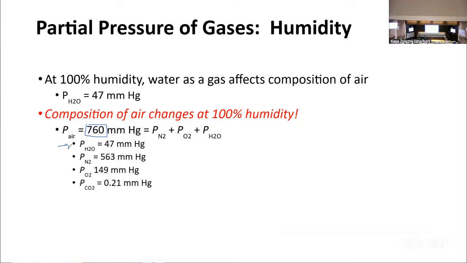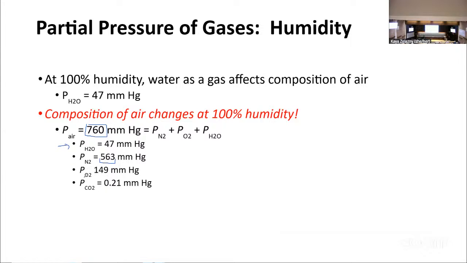Okay. So once we humidify the air, make it really full of water vapor, really moist, really humid, we've dropped down our partial pressure of nitrogen and oxygen here. You can see that before, our partial pressure of nitrogen was at 600. Now it's dropped to 563.